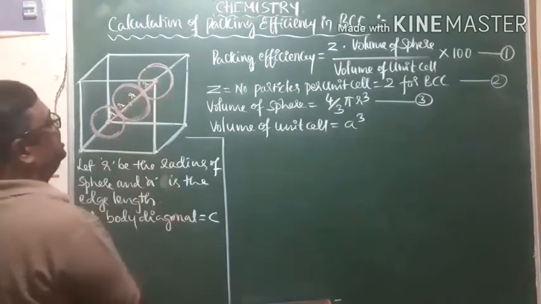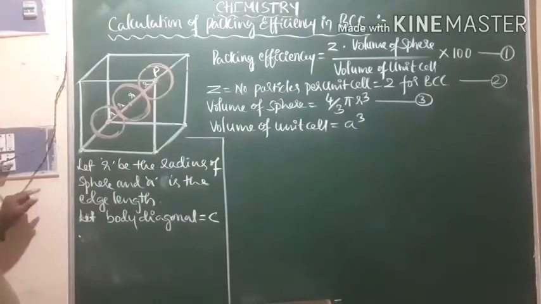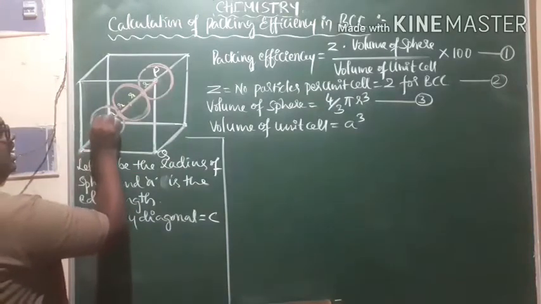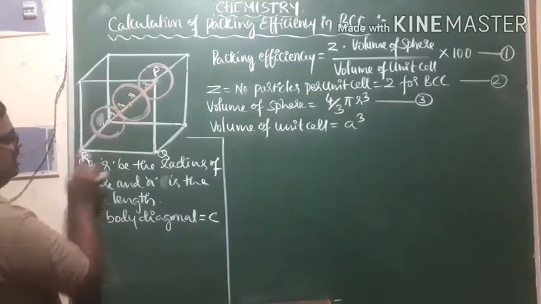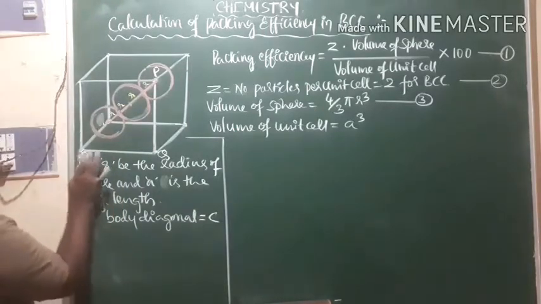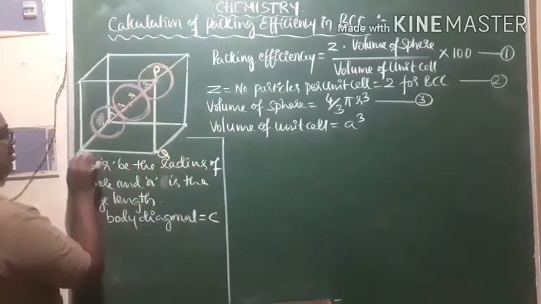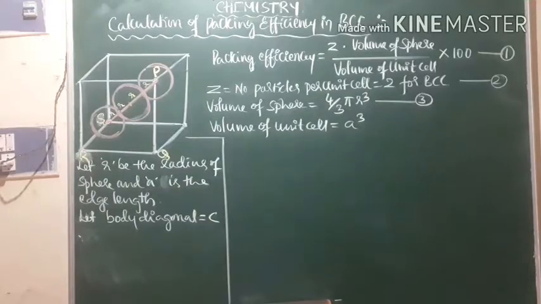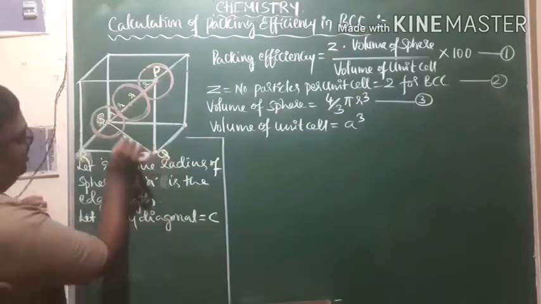Just represent the points first: this is point P, this is point Q, this is point R, and it will be S. Now I'm going to have one extension here from S to Q. That is required for us.